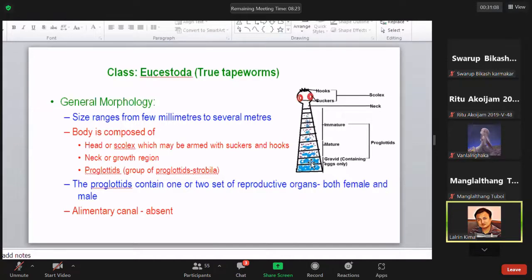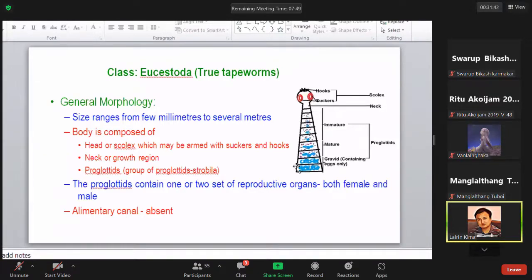You can see the terminal segment, which is packed with the ovary, uterus, filled with eggs. After fertilization of the male and female reproductive organs in the mature proglottid, the female and male reproductive organs disintegrate, except the uterus.